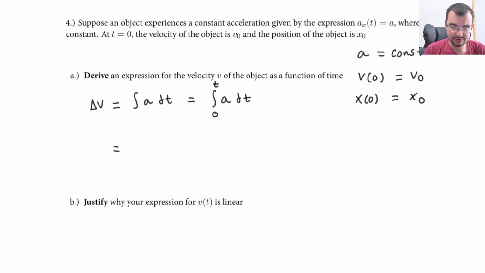If we do this, we get delta v equal to, well, if the rate of change is a constant a, that means our function would just be a times t, right? Because the slope of that would be constant, just a. And we're evaluating that from 0 to t.